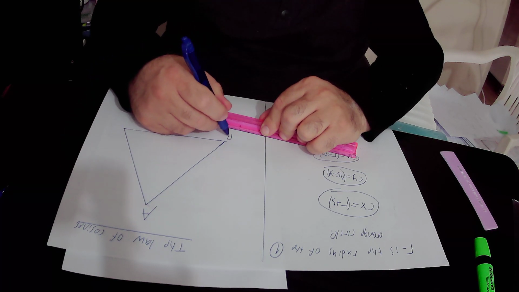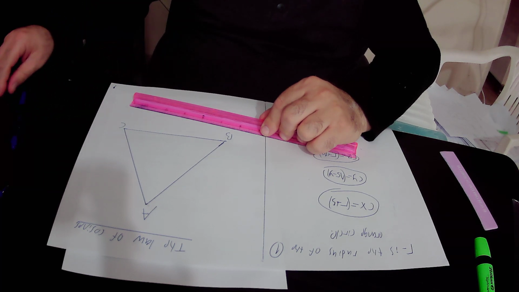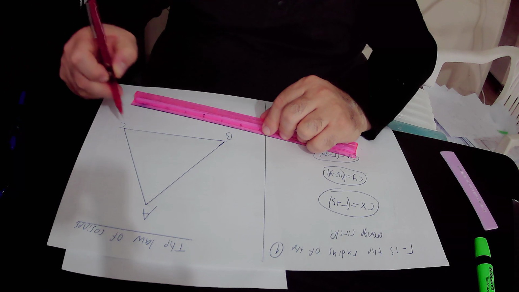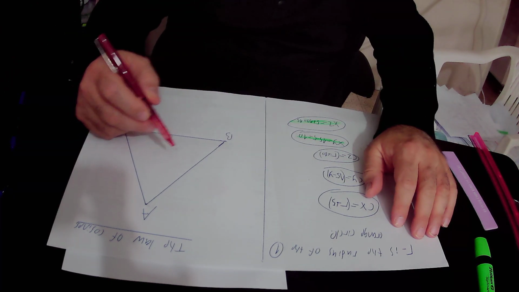We know that side AB of triangle ABC equals a units in its length.